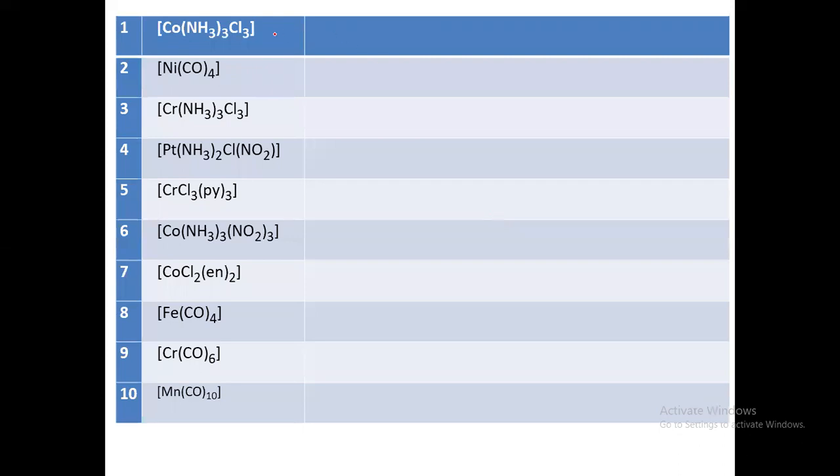The first one. Remember, in a positive complex, we use the metal name as such. Rest everything is the same. Here there are two ligands, ammine and chlorido. So alphabetic order: it starts with triammine, double M, triammine, then 3 chlorides, so trichlorido.